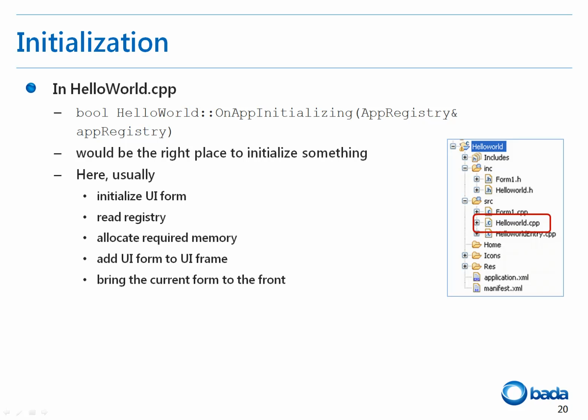Usually this method will by default contain the initialization code of the UI form, which is HelloWorldForm here, and adding the UI form to the UI frame and also bringing the current form to the front. You can also add reading the registry and allocating the required memory for your application, etc. in this method.